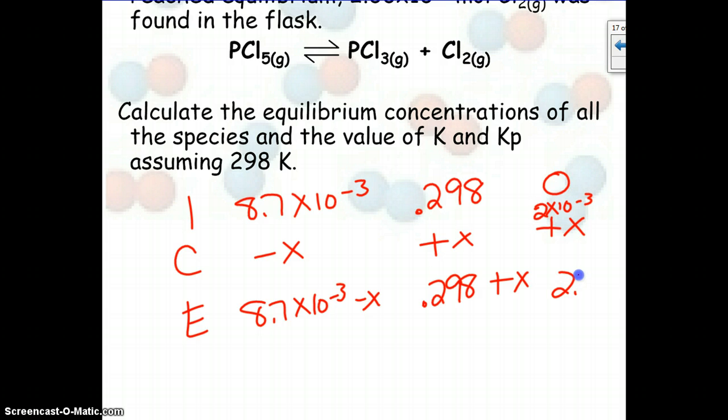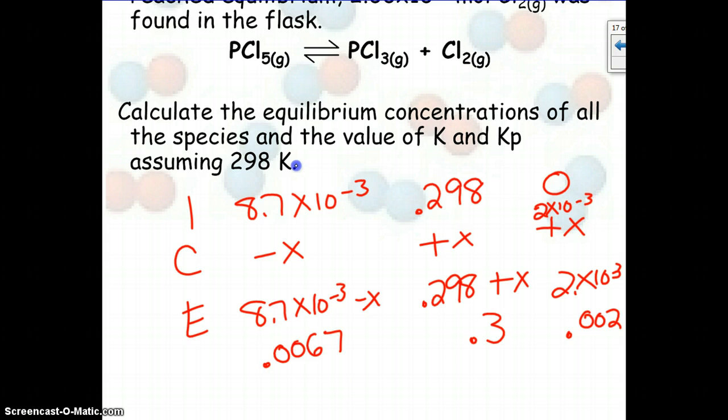That means we can go back and find all of the equilibrium concentrations by adding or subtracting 2 times 10 to the negative third. Here we'll get 0.0067. Here we'll get 0.3. And there, that's 2 times 10 to the negative third, also known as 0.002. There are all the equilibrium amounts.